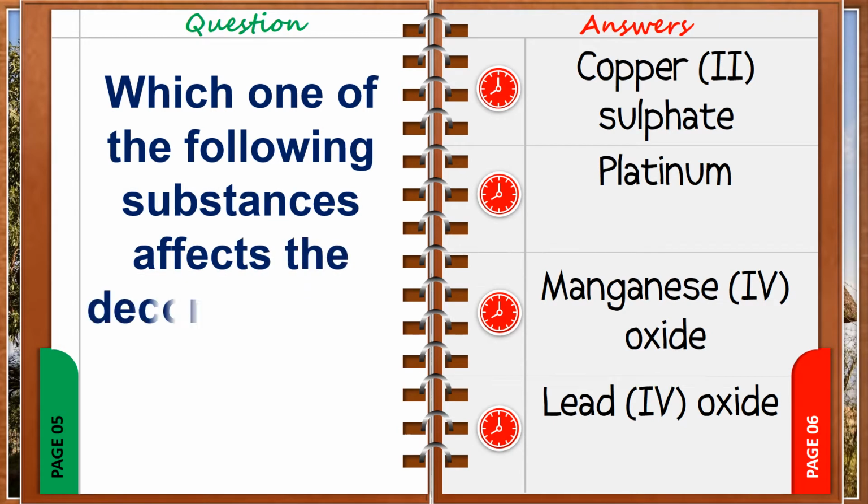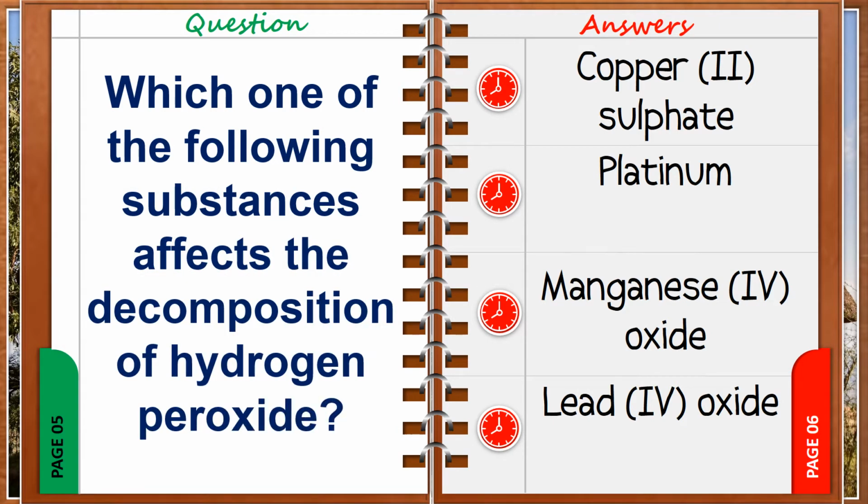Which one of the following substances affects the decomposition of hydrogen peroxide? Manganese(IV) oxide.